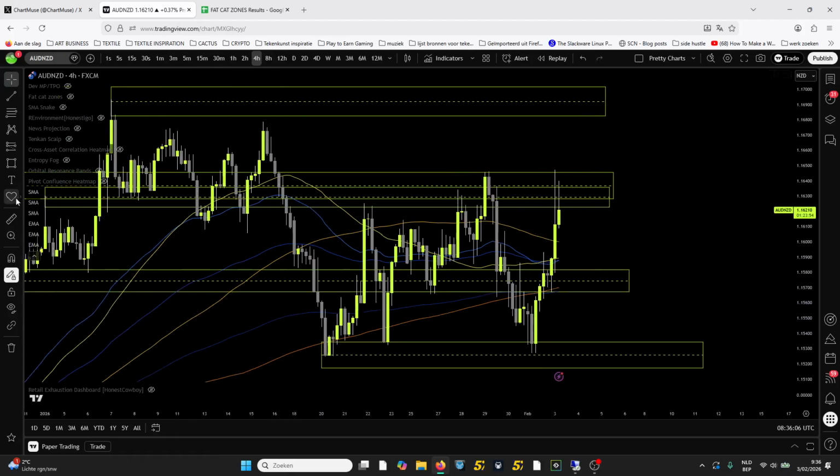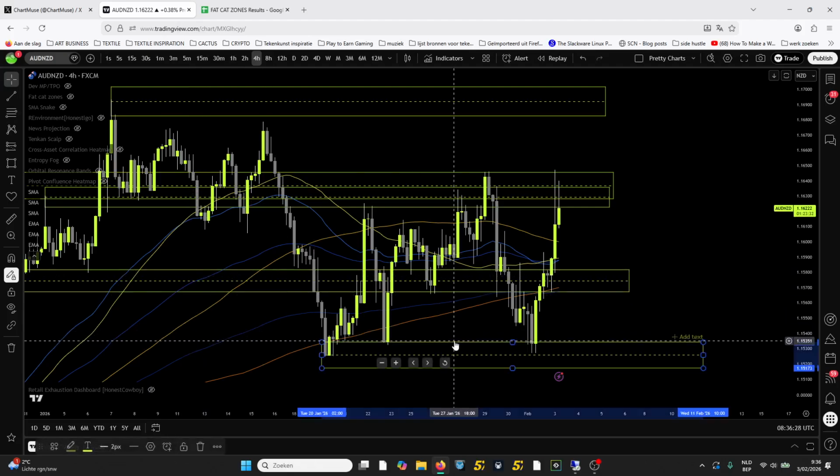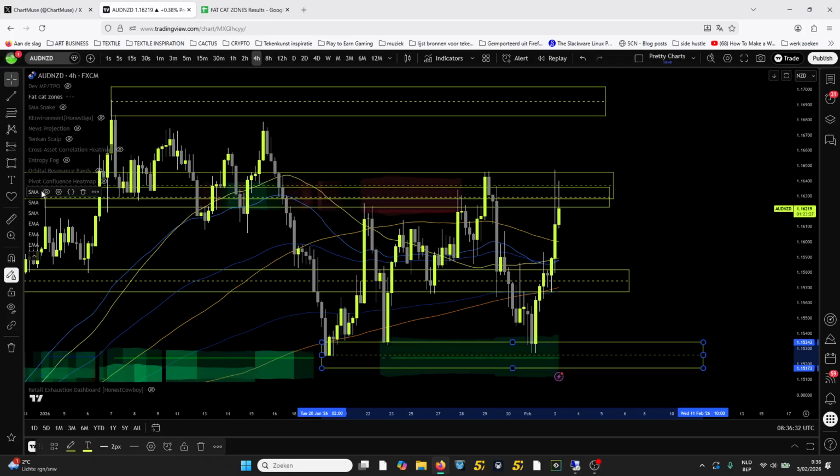And I gave each of the moving averages, each of the Fib levels, what I personally think is how strong they are. So I ranked them all, which is my secret sauce I'm not gonna share, but that way, for each bar inside the zone, I know how strong it is and if I want to use it or not. And that's how I created the fat cat zone indicator.